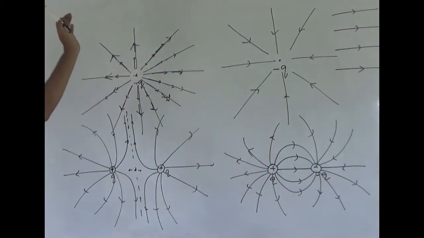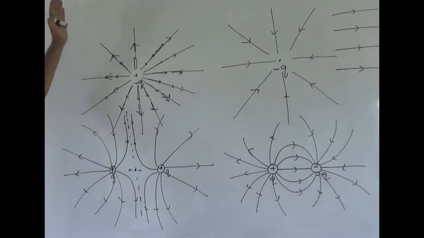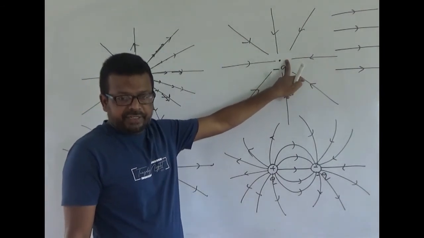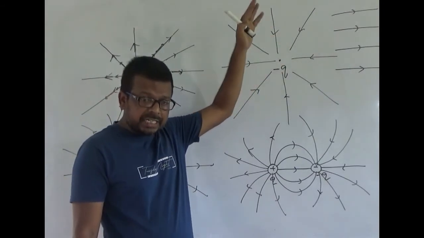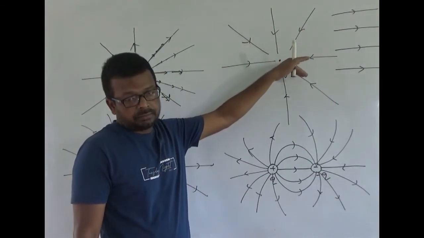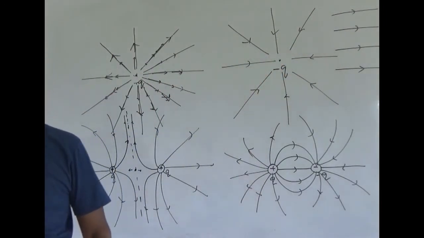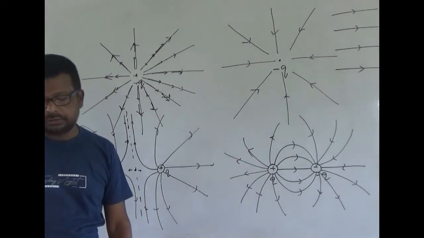That means you can say there is a negative charge at infinity. Similarly, the electric field lines due to a negative point charge start from infinity and end at the negative charge. Actually, the electric field lines begin from a positive charge and end on a negative charge.